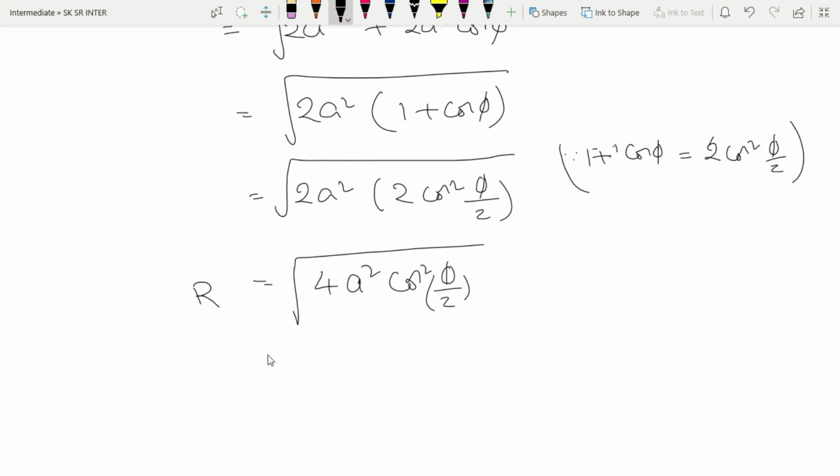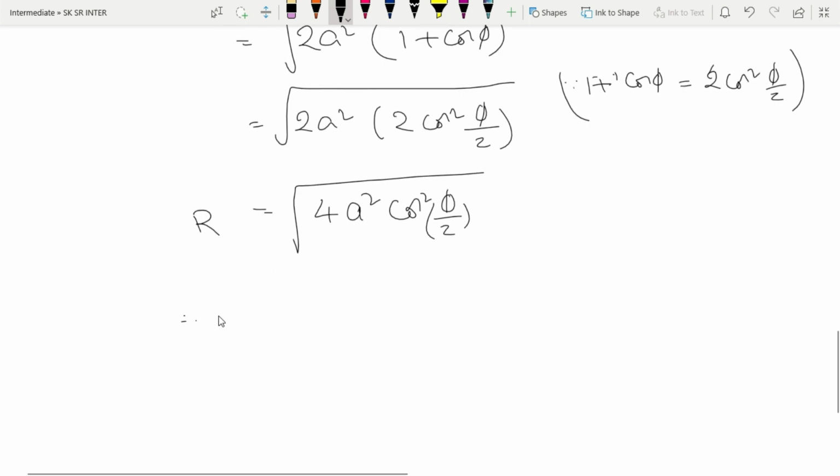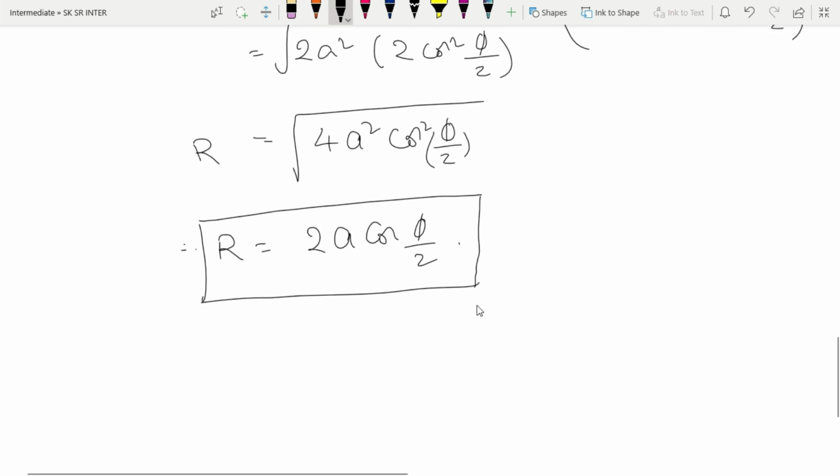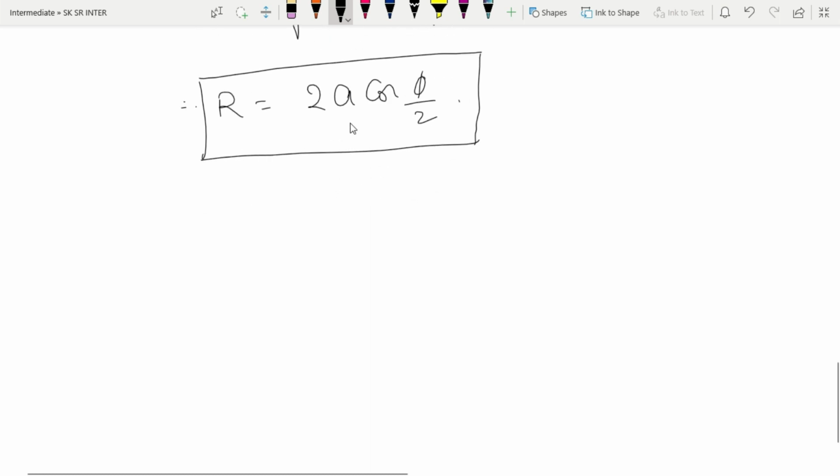Therefore the root and squares will be cancelled, so r is equal to 2a cos phi by 2. This is the resultant amplitude of the two waves of amplitudes a and a.